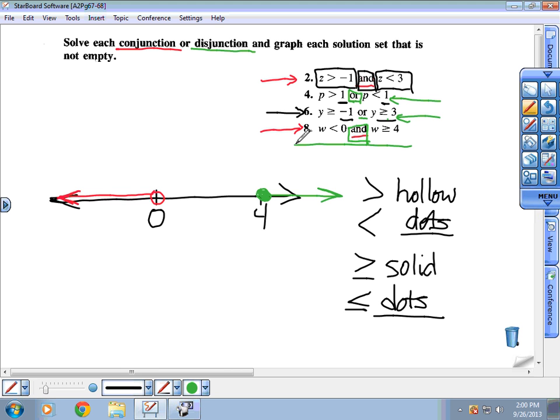A point up here will only have green, and a point down here will only have red. So I can't find any point that makes both statements true. My answer for this one is the empty set, which we usually write with 2 brackets with nothing in between, or you can draw a little O with a line through it, or you can also write no solution.